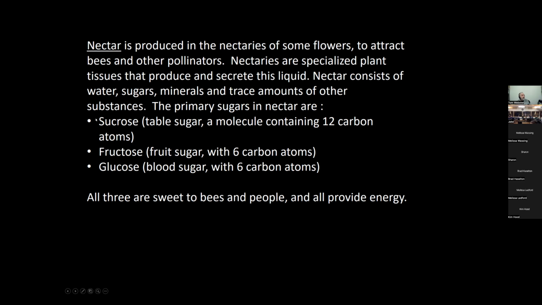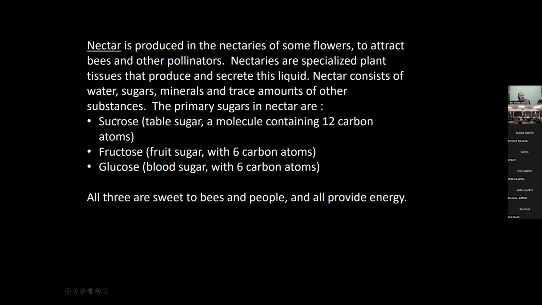But the sugars are basically sucrose, which is table sugar, which is 12 carbons, fructose, fruit sugar with 6 carbons, and glucose, which is blood sugar. If our blood sugar is low or high, that's the glucose in our system. They're all sweet to bees and they're all sweet to people, but they are a little bit different chemically.